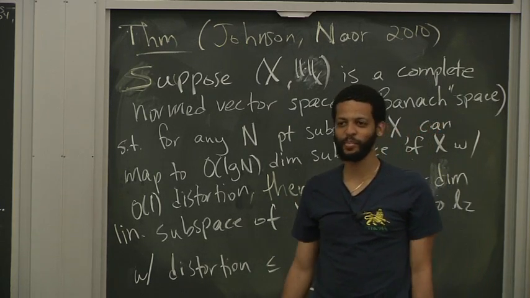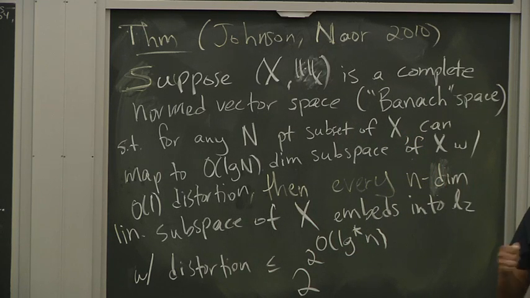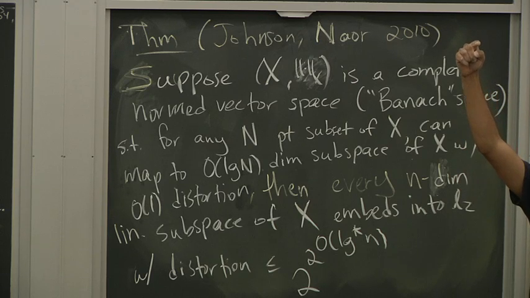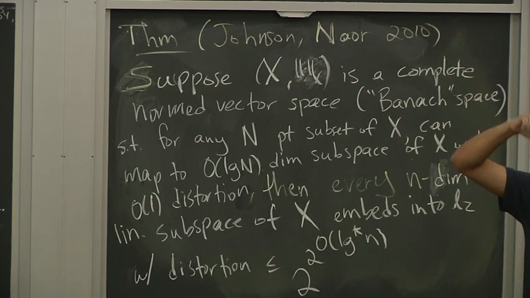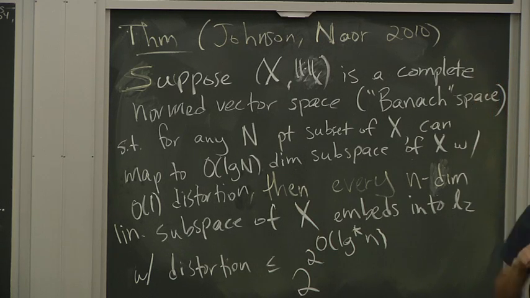Okay, so do people know what log star n is? Log star is the number of times you have to take log to get down to 1. So if you look at 2 to the 2 to the 2 to the 2, that's a really big number, right? That's like 2 to the 2 to the 4, which is like 2 to the 16. And 2 to the 16 is, I guess, around 65,000 and change.